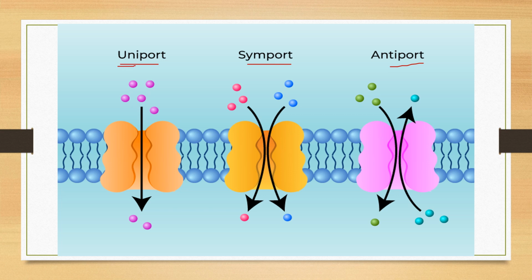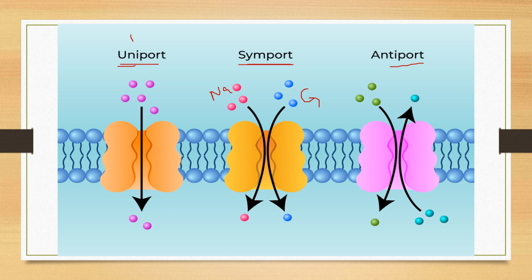Uni means one. Whereas in symport, as you can see in the diagrams, 2 molecules are involved and both the molecules are taken in or taken out. For example, this is sodium and this is glucose. Secondary active transport is actually the symport pathway, because in that case both the molecules are taken in and out in the same direction, because one molecule of sodium brings the glucose molecule along.